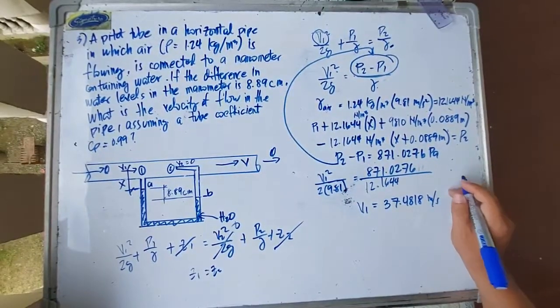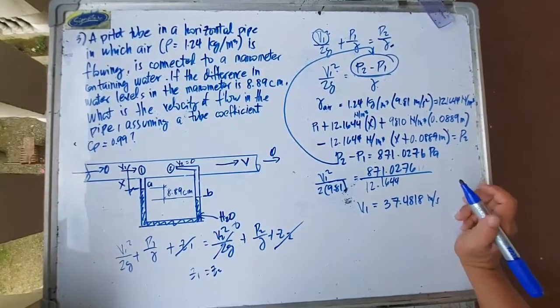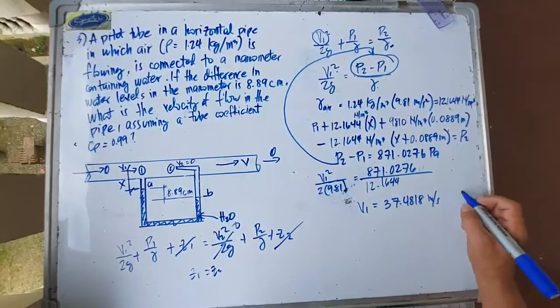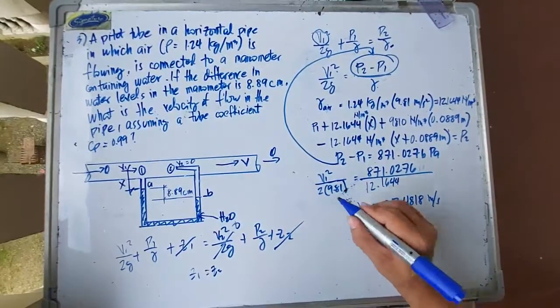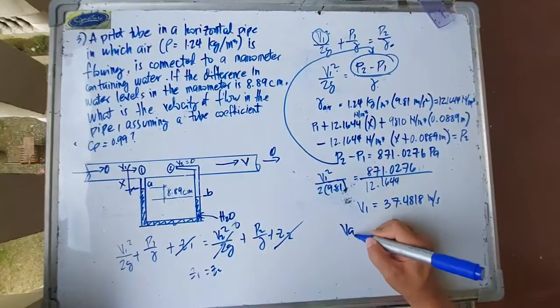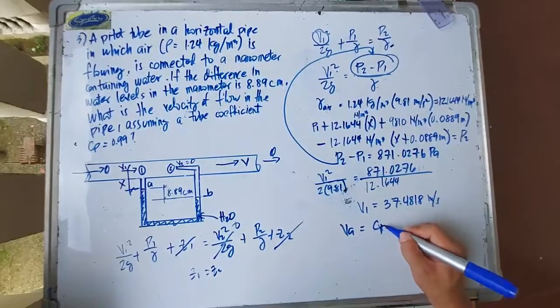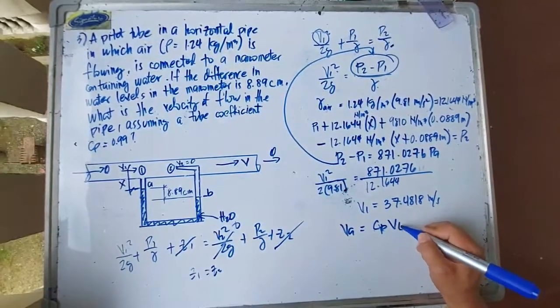I think our module only solved up to here, but we should have multiplied by the CP to solve for the actual velocity. The actual velocity is simply CP times the theoretical velocity.